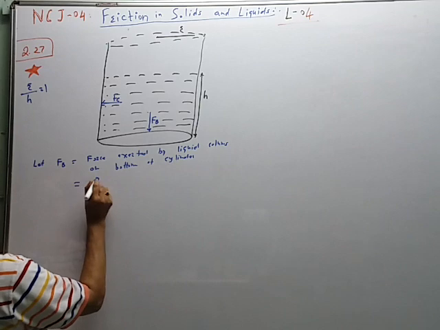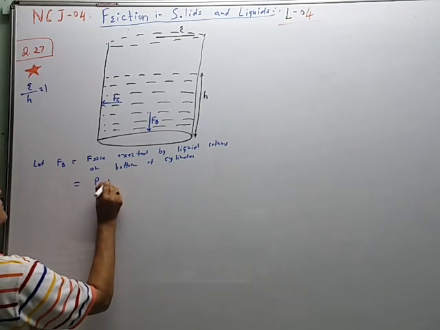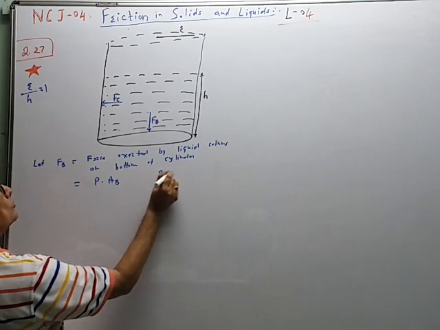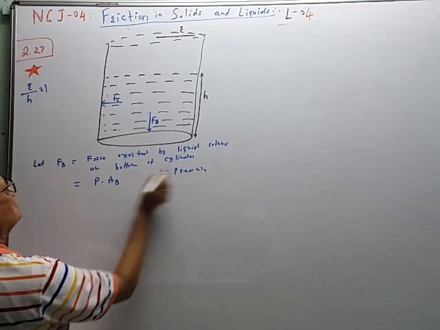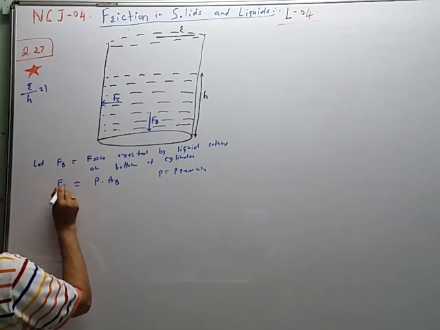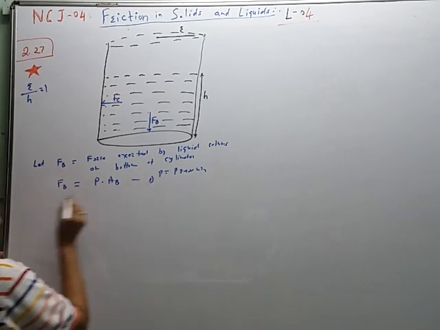So it is equal to pressure P multiplied by area of the bottom. P is equal to pressure. So this is the equation one.